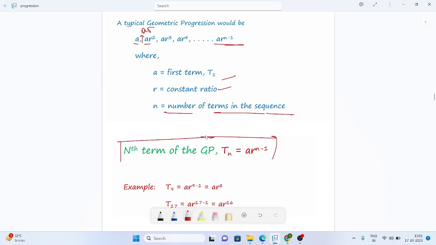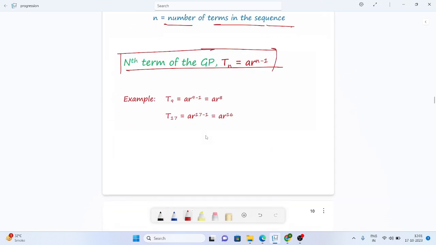So nth term of GP is this. If I have to find, let's say, the 9th term, I put n equal to 9 in the formula and get the 9th term as AR to the power 8. Similarly, if I want the 100th term, I put 100 in place of n, and the 100th term is AR to the power 99. Did you get this? Okay, so note down this, then we move forward.